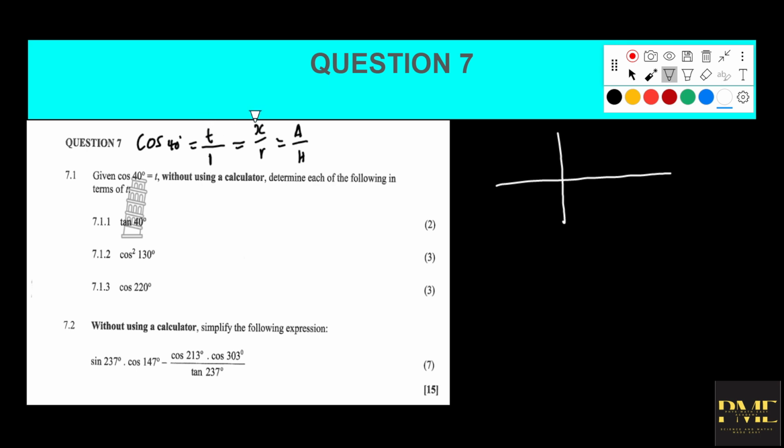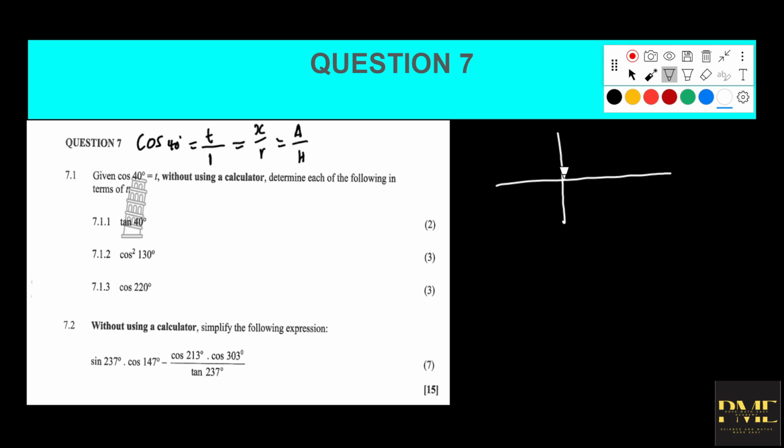We remember that t represents x, and for cos we know that cos is positive in the first quadrant and the fourth quadrant. But I will select the first quadrant because we are not given a restriction to help and guide us as to which quadrant is being talked about. So I'm just going to quickly draw our diagram in our first quadrant.